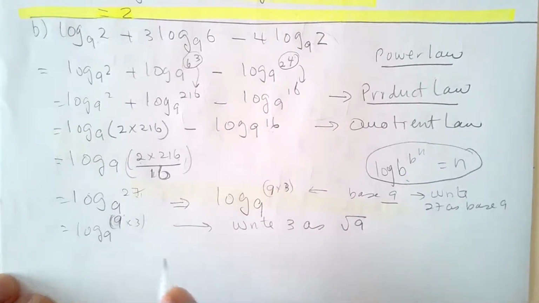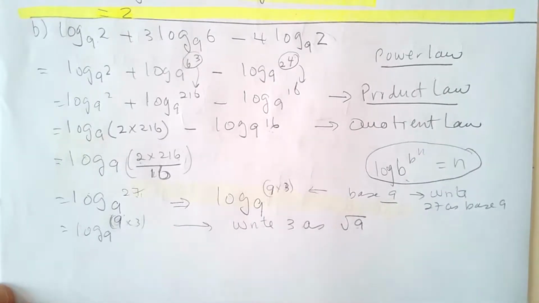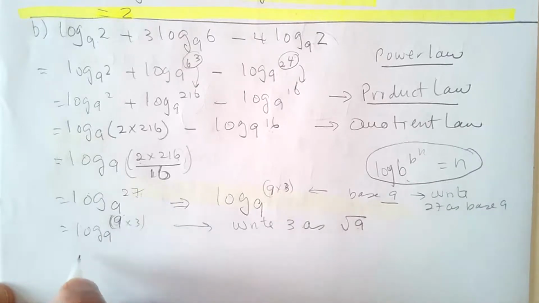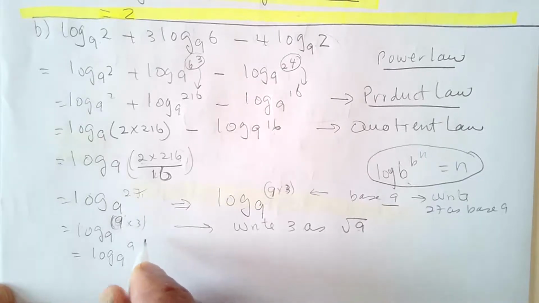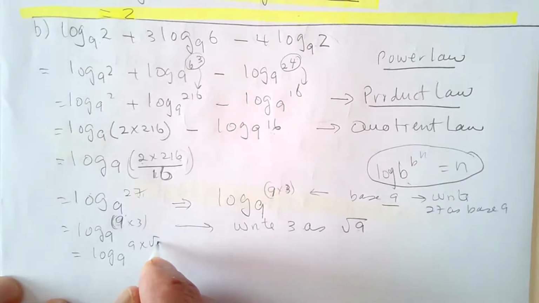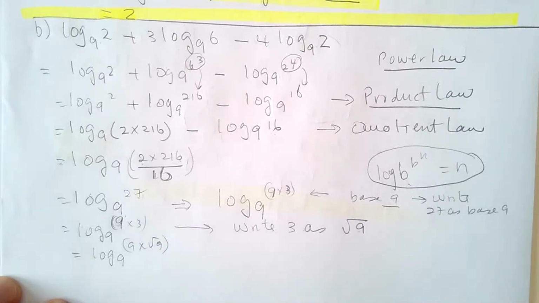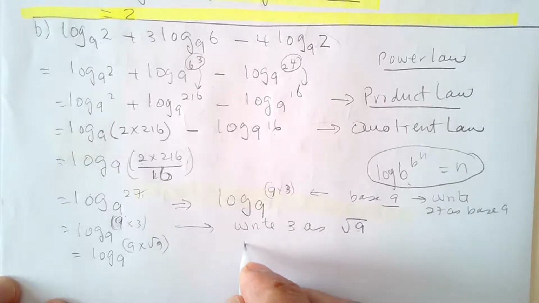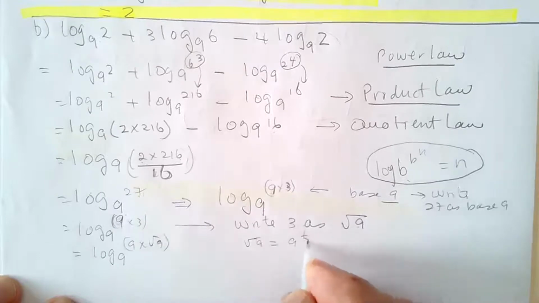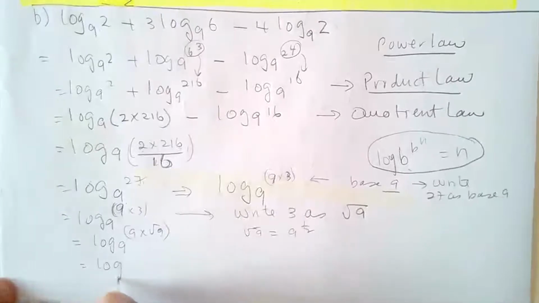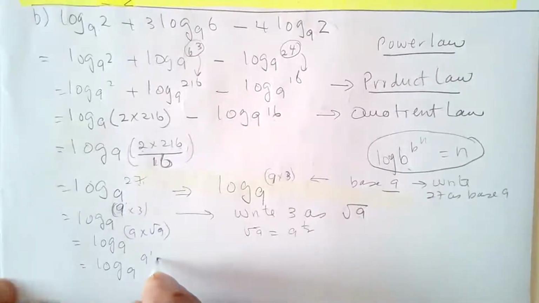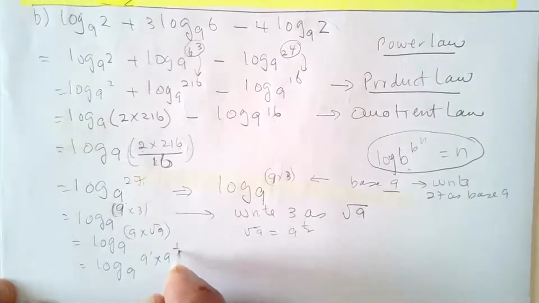It's the same thing, right? Square root of 9 is 3. We look at the positive because I know there are a negative and a positive. So we can write that as log 9 of 9 times the square root of 9. Now, square root of 9 is 9 to the power half. So we have 9 to 1 times 9 to the power half.